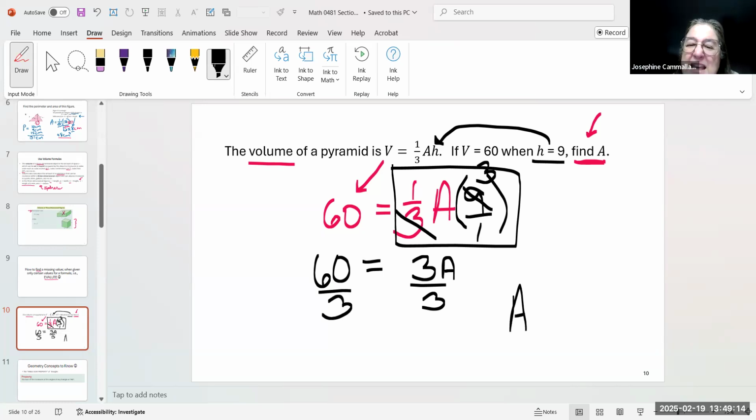Well, A is going to be 20. Now, sometimes McGraw-Hill wants the word units, because we're dealing with volume. Because the 60 and the 9, we don't know if they're inches, feet, yards, quarts, liters, whatever they are. But normally, the answer 20 will work.